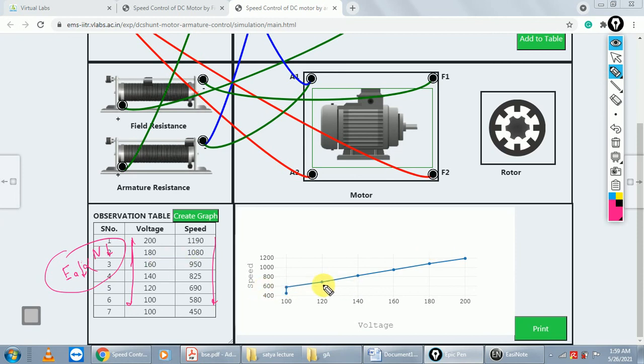This is your graph. Voltage decreases, speed also decreases. So this is all about the speed control of DC motor.